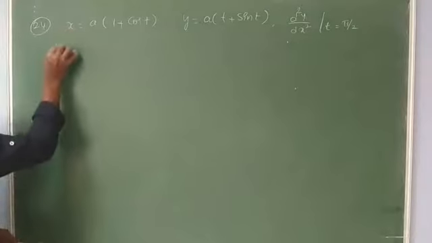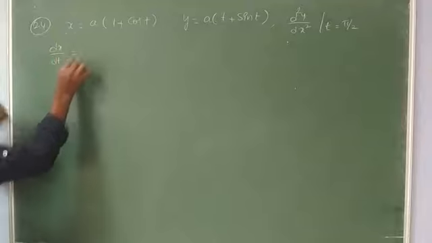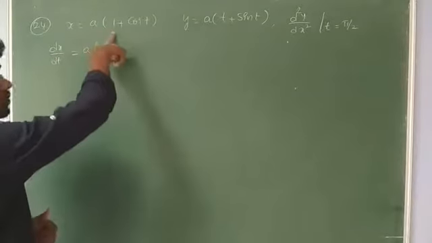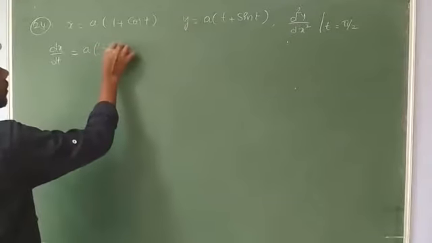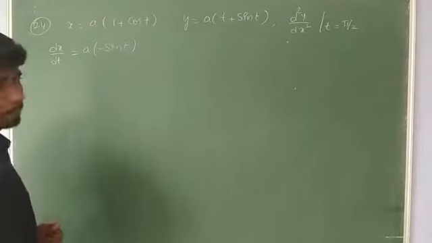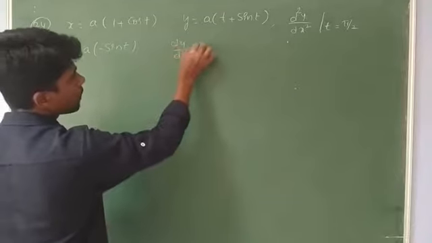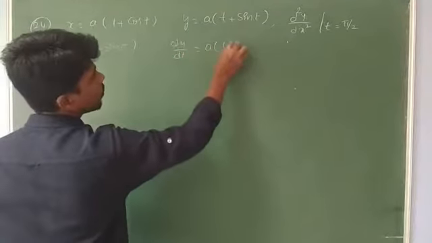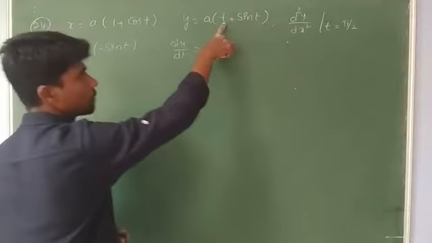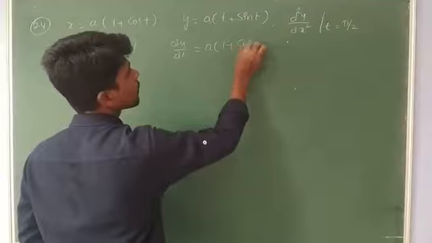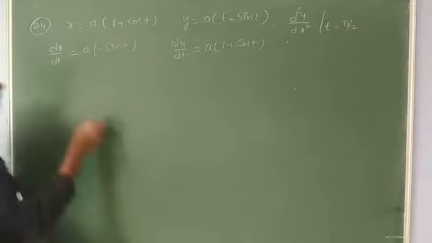So I find dx by dt, which is equal to a into (1 plus 0, cos t derivative is minus sin t). That's all. dy by dt is equal to a into (1 plus cos t), derivative of t with respect to t is 1, derivative of sin t is cos t.